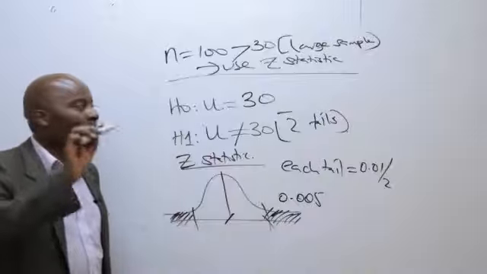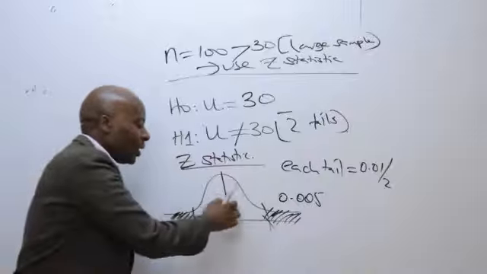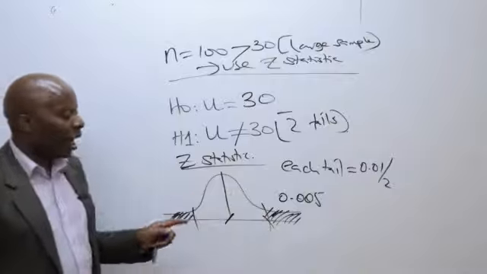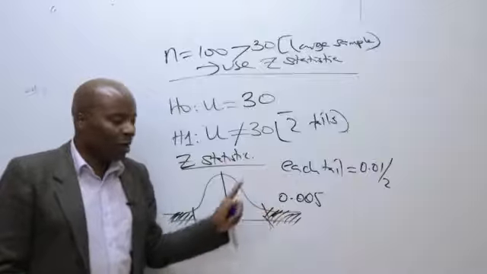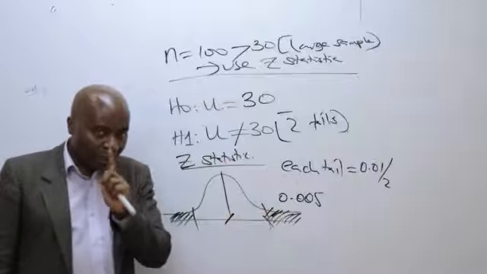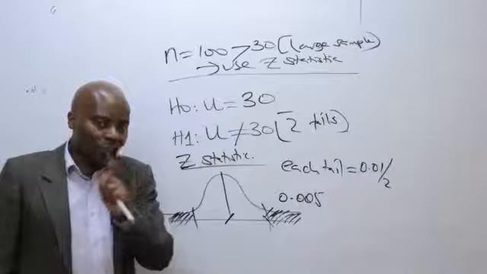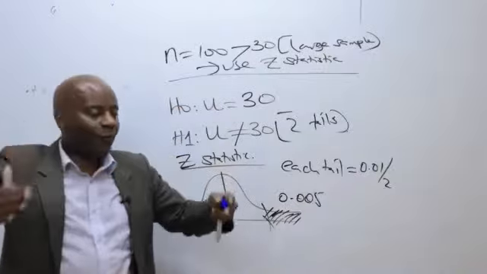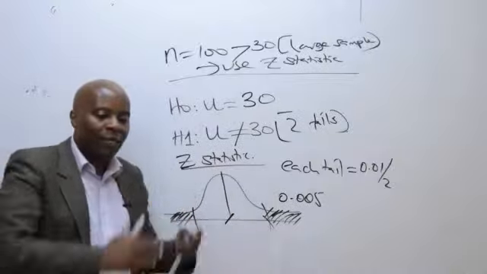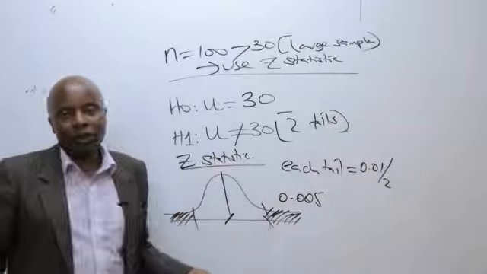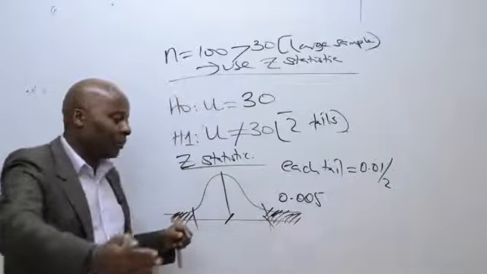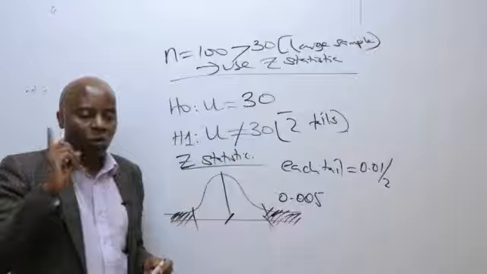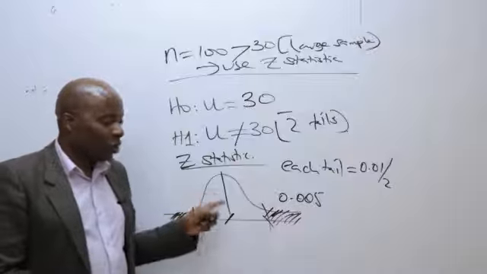Once I get this, I'll be able to rush to my area, because of the table that the examiner gives us, which is normally shaded from here to here. So how do I get this unshaded area on one side? I know for sure that the 2 areas must always add up to 0.5. Because if you remember, this is a probability density function, and the probability density function has 100% area. 100% area is 1, so 1 divided by 2 gives me 0.5.